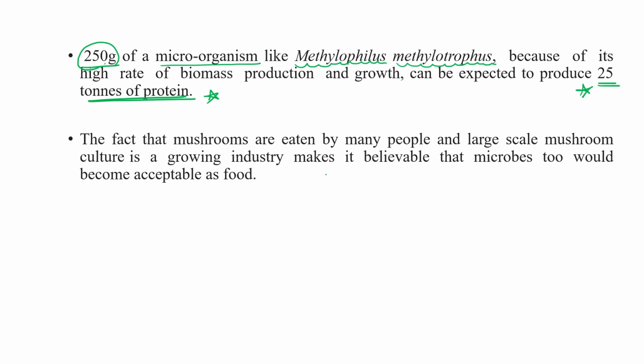Okay, so single cell protein is also a very good option as a food material, as these are rich in protein content and can utilize some waste as their food. Okay, another example is mushroom. As you know, mushrooms are eaten by many people, and large scale mushroom culture is growing in industry, which makes it believable that microbes too would become acceptable as a food.